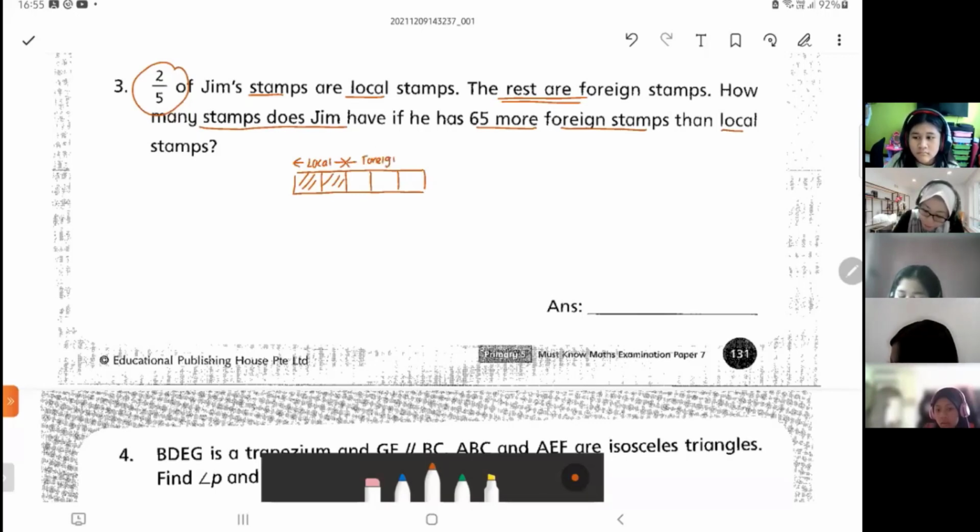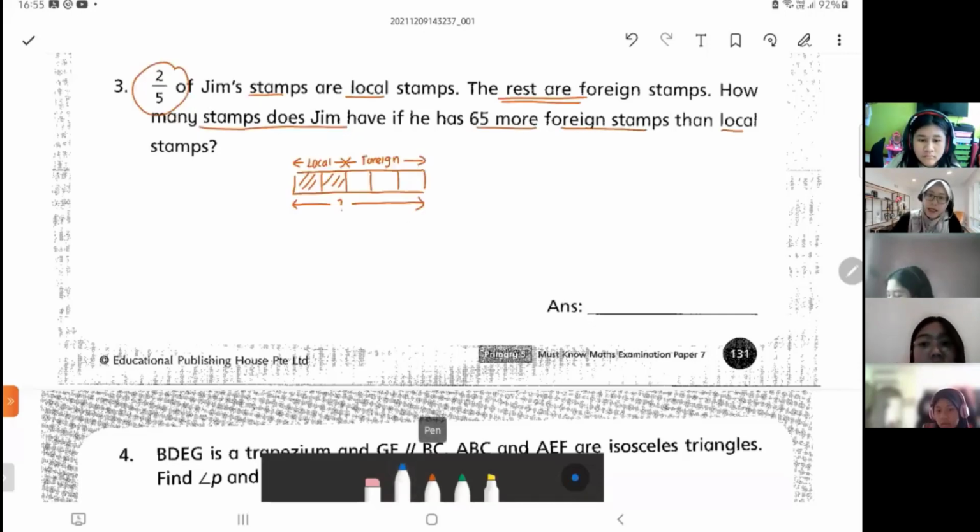Okay, and then I want to know how many stamps he has. I want to find everything, the total. Now, let's indicate how many units local stamps are. 1, 2. Foreign stamps is 1, 2, 3. Now, they are comparing between the foreign stamps and the local stamps.